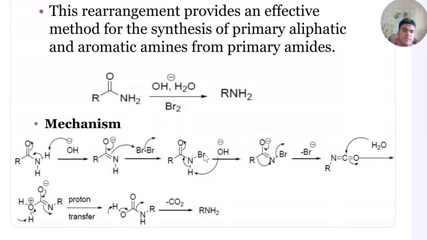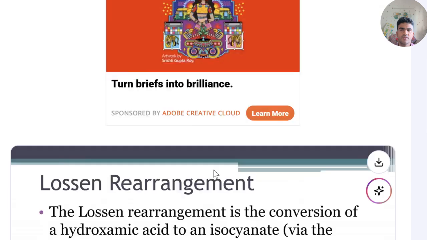From this intermediate, again one OH will take the proton and form the corresponding anion, and then Br will leave and one isocyanate intermediate will be formed, which in presence of H2O, one CO2 will be removed and the corresponding amine will be formed. This is Hofmann rearrangement. Again, if you want to know more detail about this mechanism, please let me know in the comment box.